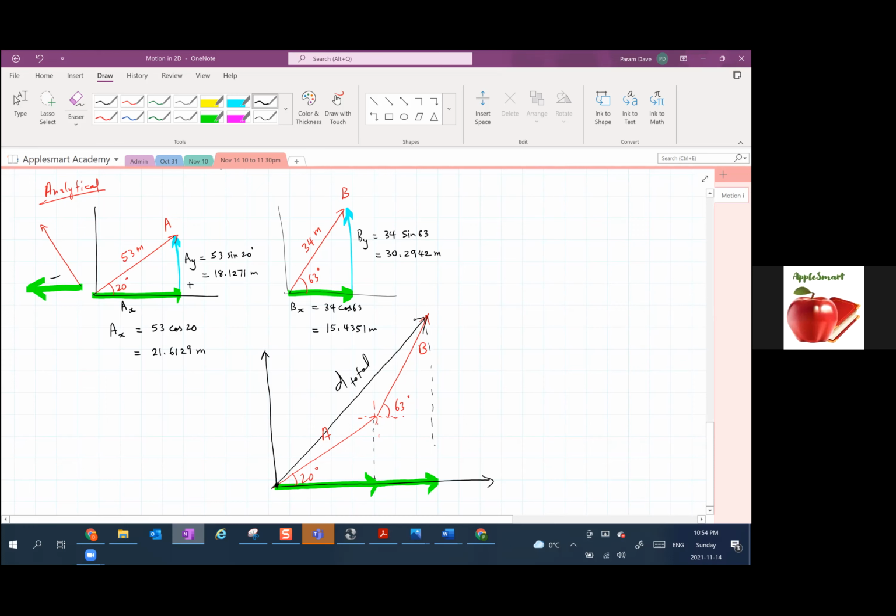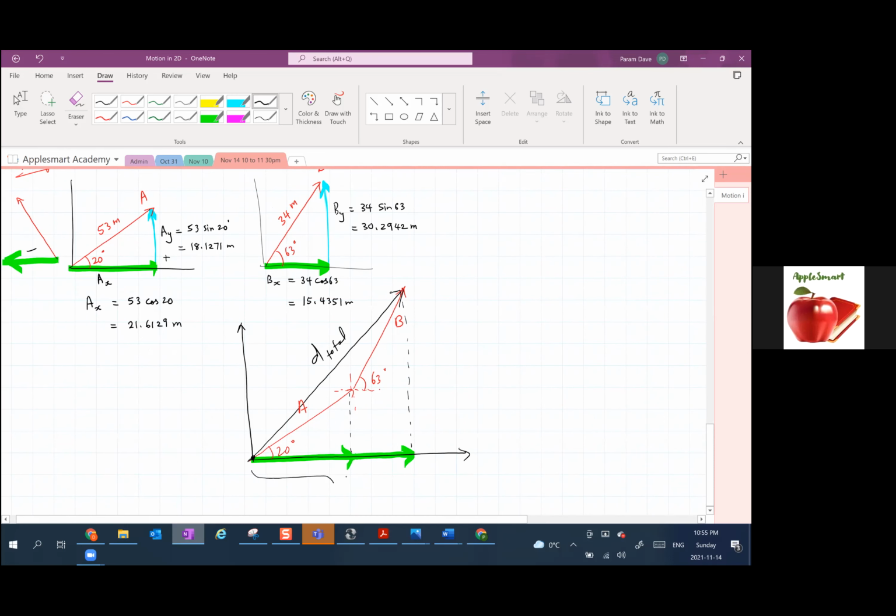So along the X, totally the person moved this distance. This one is AX, and from here to here is BX, okay? And now what I also have along the Y is this. Because of the motion along A, it moved this far up north, right?